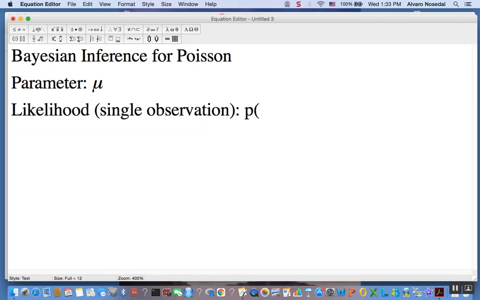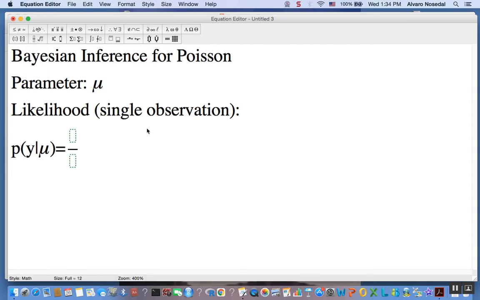Using our notation, it would be the conditional probability of observing a particular value y given a particular value of the parameter mu. And we know this from STA360, that the probability mass function for a Poisson with parameter mu looks something like this.